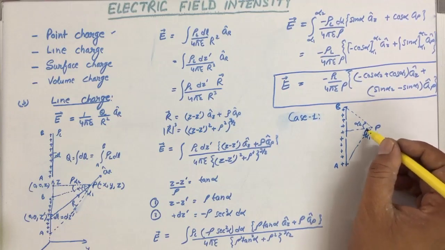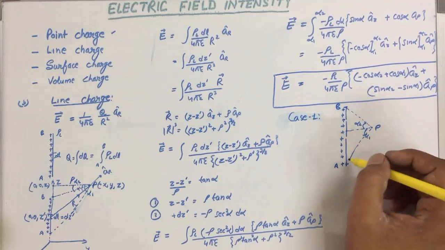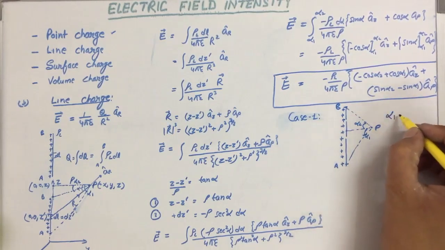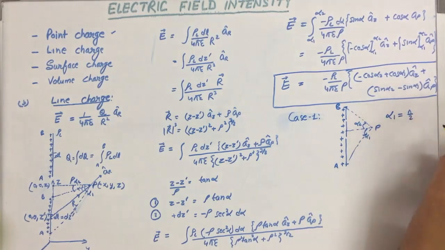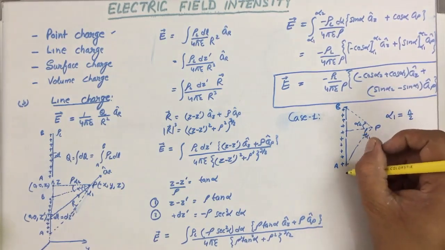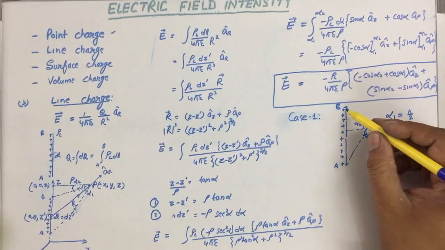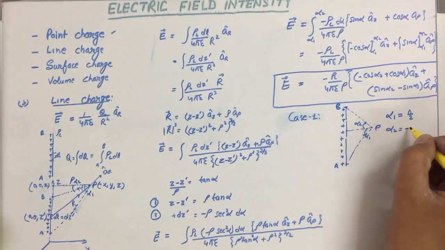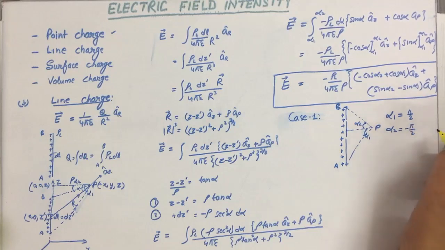In that case, if this length changes to infinity, then alpha 1 can be maximum. Alpha 1 can be pi by 2 if this length tends to infinity, and if this length tends to infinity, then alpha 2 tends to minus pi by 2.